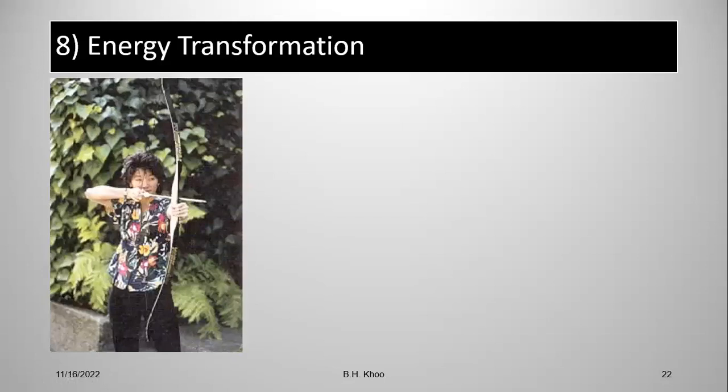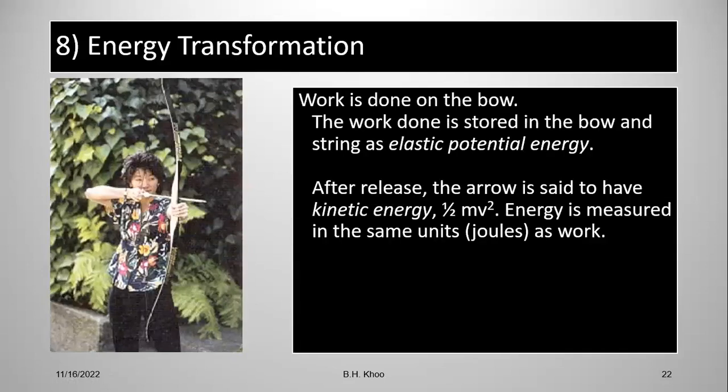Energy transformation. Work done on the bow. There's the bow, there's a string. So work done is stored in the bow and the string as elastic potential energy. After release, the arrow is said to have kinetic energy. So energy is measured in joule, as work.